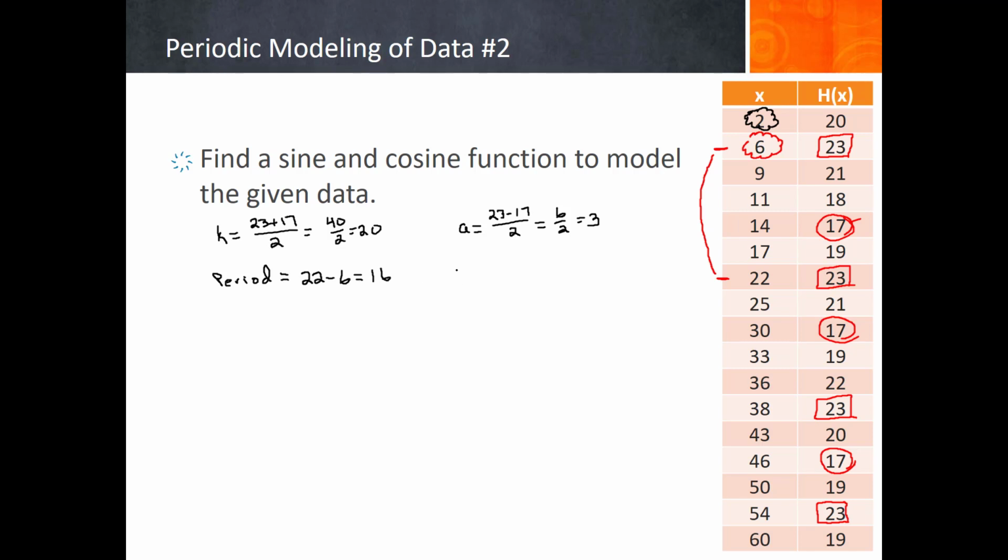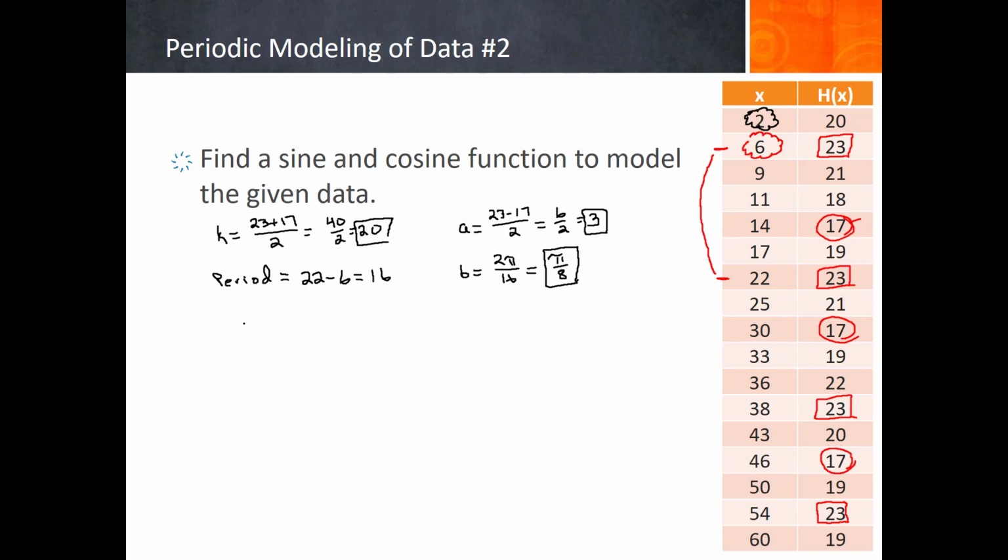And then we can compute the value of b by computing 2 pi over our period. So 2 pi over 16, which the 2 and the 16 reduce down to just pi over 8. So again, the midline of 20, the amplitude of 3, and the b value of pi over 8. All three of those are going to be the same regardless of which sine or cosine function we pick.